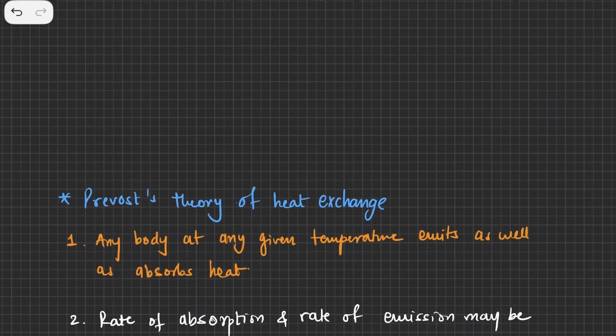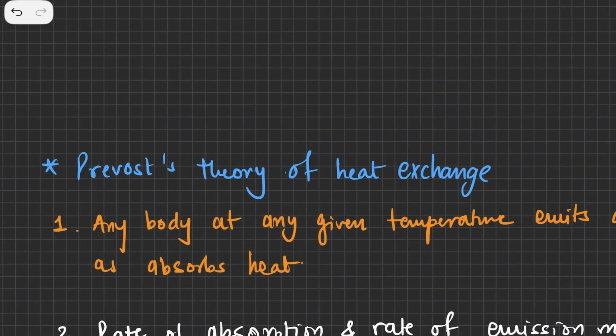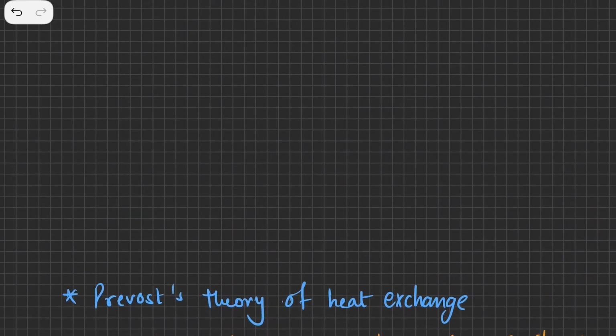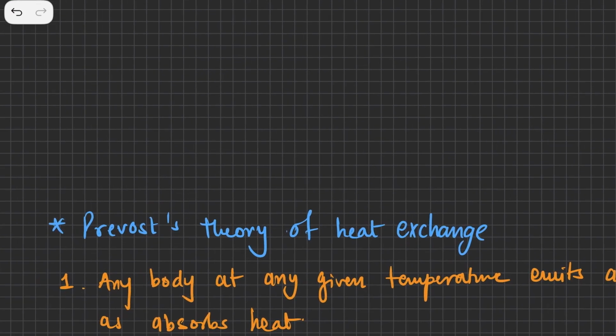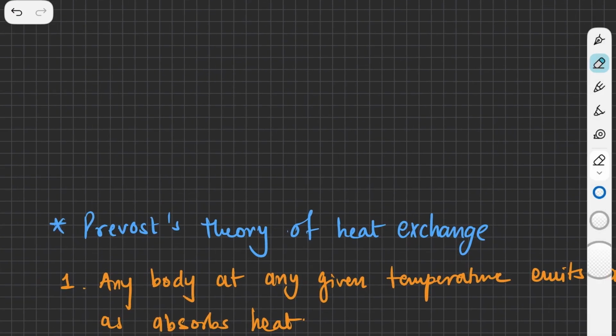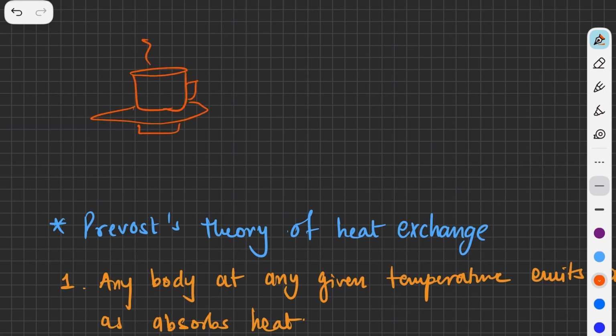Now let's go to Prevost's theory of heat exchange. Before going ahead, I would like to explain this first. Let's say we have a teacup, and this teacup is pretty hot. Let's say the temperature of the tea is 80 degrees Celsius and the surrounding temperature is 20 degrees Celsius.